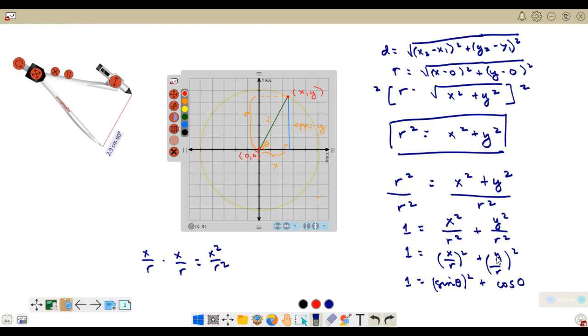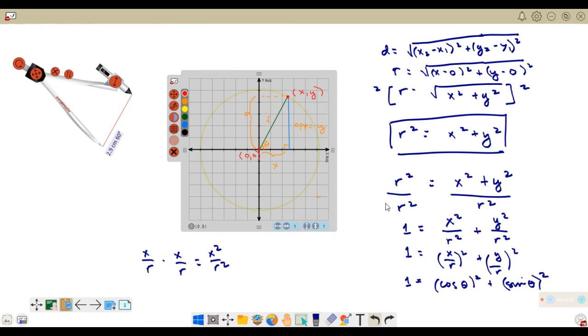Ay, teka, mali. Baligtad. Inuna ko si y. Unahin pala natin si cosine. Cosine theta squared plus sine theta squared. Yan. Now, paano tayo nag-square ng trigonometric functions?